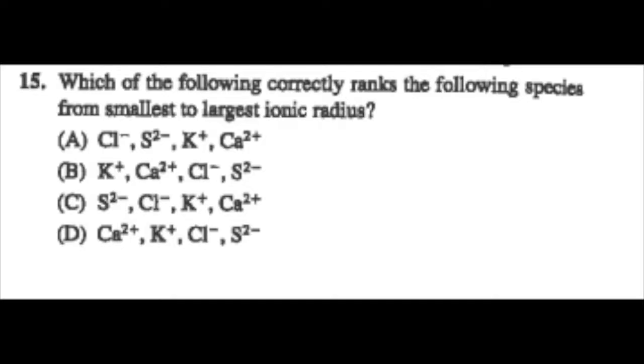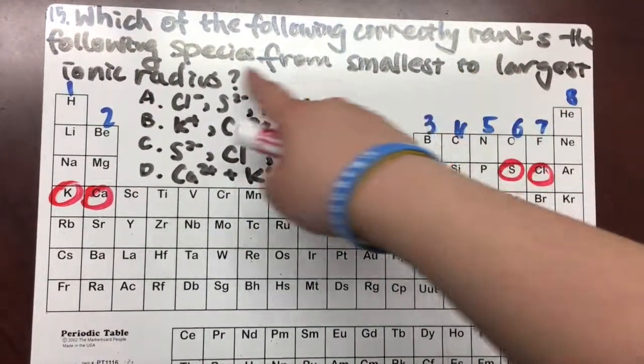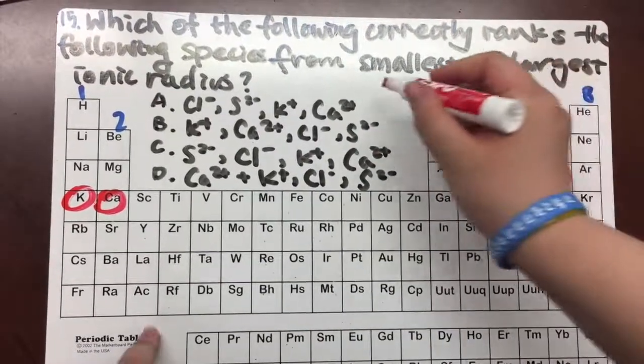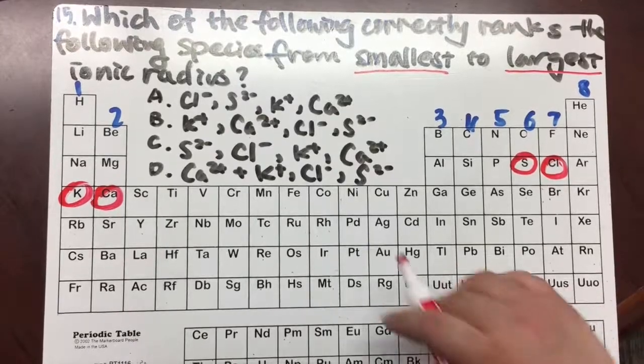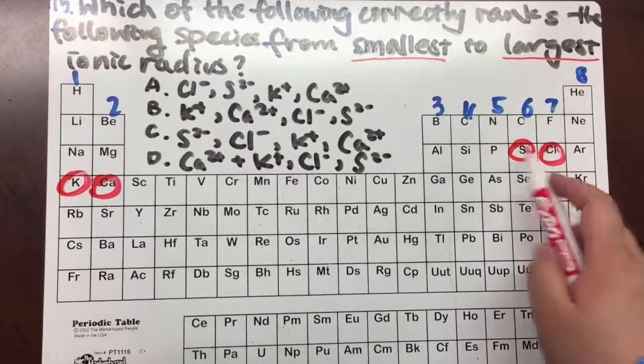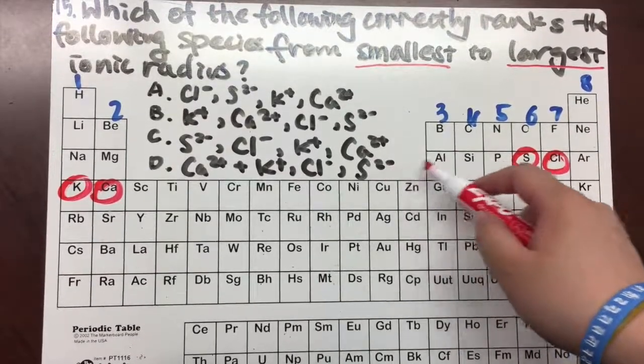Which of the following correctly ranks the following species from smallest to largest ionic radius? Calcium and potassium are metals, so they will lose electrons during the reaction. Sulfur and chlorine are nonmetals, so they will gain electrons during the reaction.